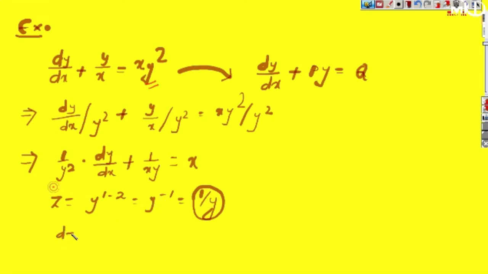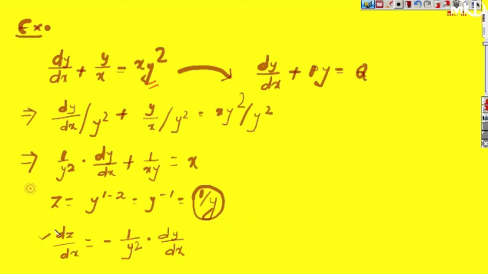So if z is equal to 1 by y, then what is your dz by dx? dz by dx is equal to the differentiation of 1 by y, that is equal to minus 1 by y square into the differentiation of y, that is dy by dx.